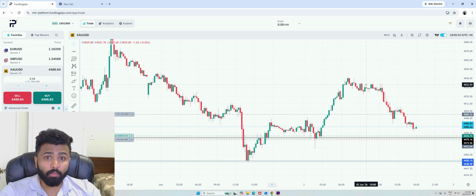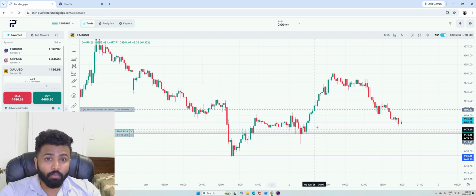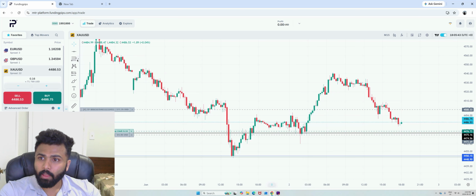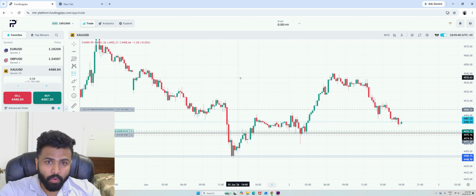Now, what does fake out mean? As I told you, a breakout means the price sustained below the closing range and the market continues to go in the same direction. A fake out means the market will close in the direction we are trading, but it will reverse from that point. As per technical analysis, in this range right here, this is a lower high. Here the market is making a step going up, and here we will enter.